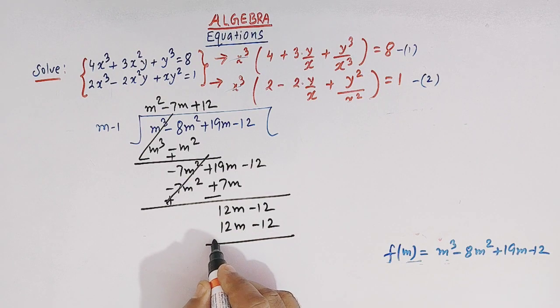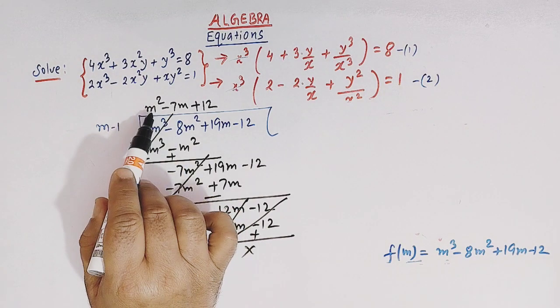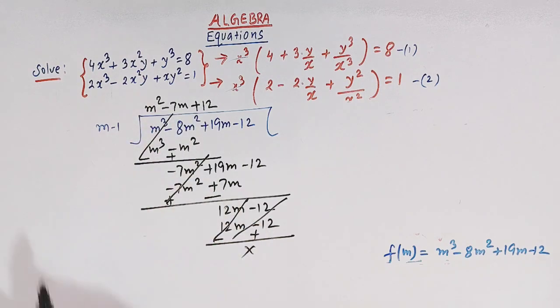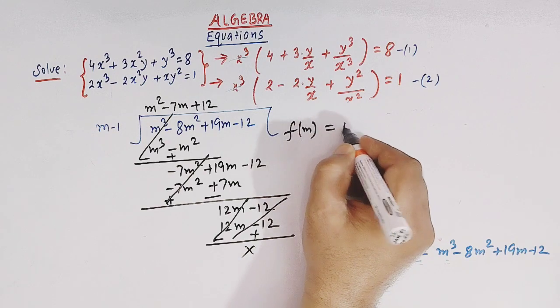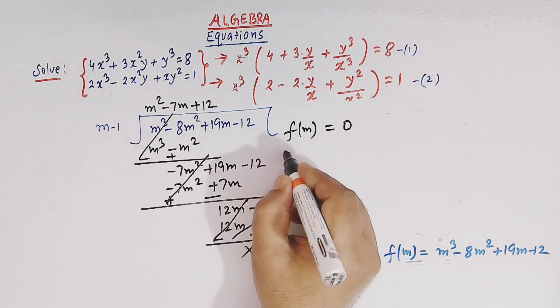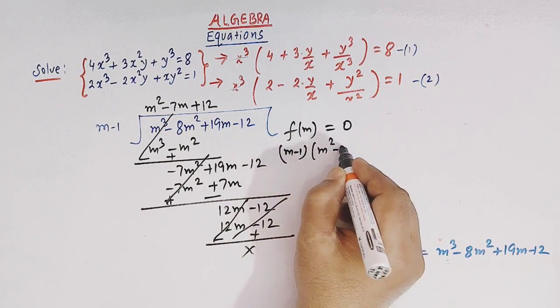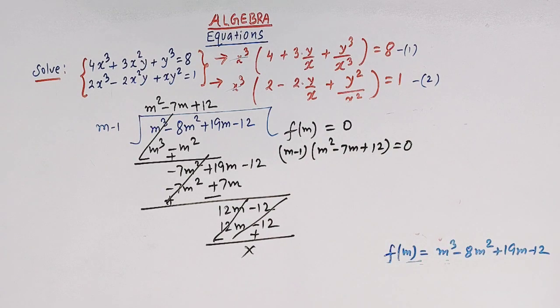So now these two terms get cancelled, right? So the quadratic function is m square minus 7m plus 12, right? So now f of m is equal to 0 can be written as m minus 1 times m square minus 7m plus 12 is equal to 0, right?